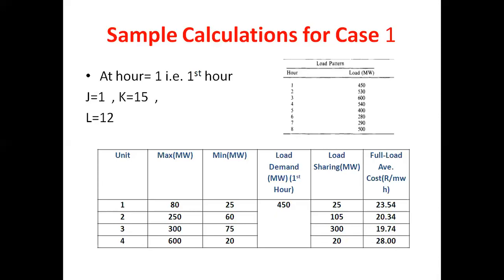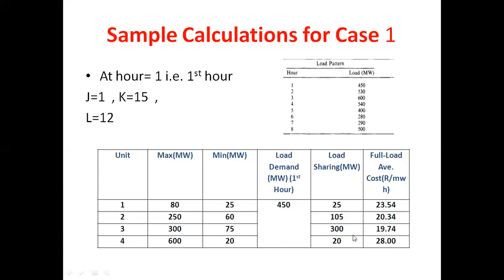It is clear that unit 4, with 28.0, has the maximum full load average cost, so it will be loaded less. The minimum loading is given to it, which is 20 megawatt. Unit 3 has the minimum full load average cost, so it will be loaded maximum, that is 300.